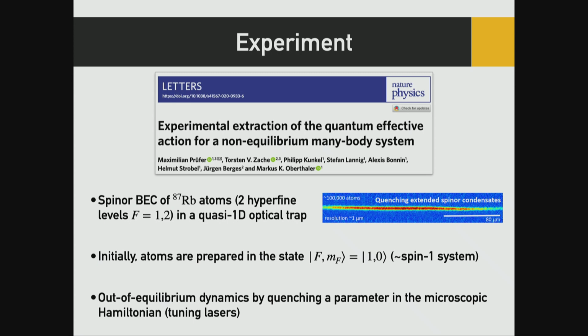And then by tuning some lasers in the experiment, they basically perform this kind of quench dynamics. So essentially in pictures, what happens is you start by putting all the atoms in this substate, and by doing this kind of quench, you bring this level into resonance with the other two levels, and that drives some kind of spin-changing collisions in the condensate and drives it out of equilibrium.